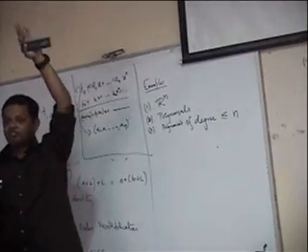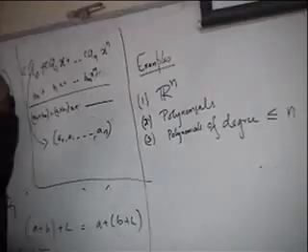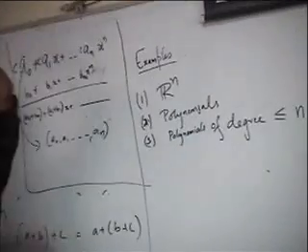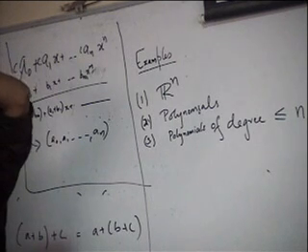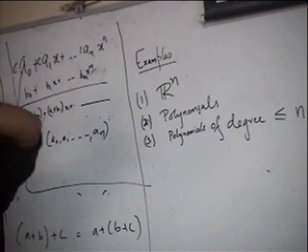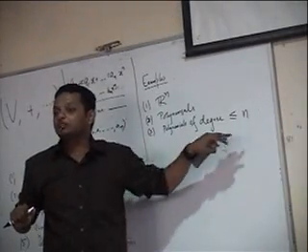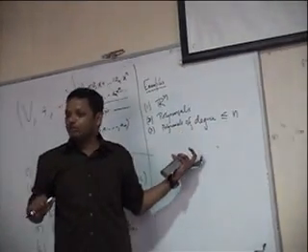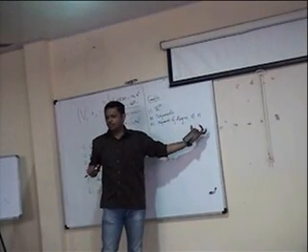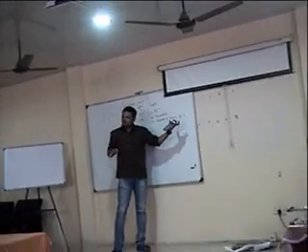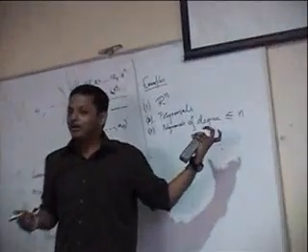So if f is a polynomial and g is a polynomial, with the degree of f being m and the degree of g being n, the sum will have degree less than or equal to the maximum of m and n, right? Because we are doing this component wise addition. So if both polynomials have degree less than or equal to n, the sum will also have degree less than or equal to n. Similarly, by scalar multiplication also degree is not going to increase, right? So this is also a vector space.